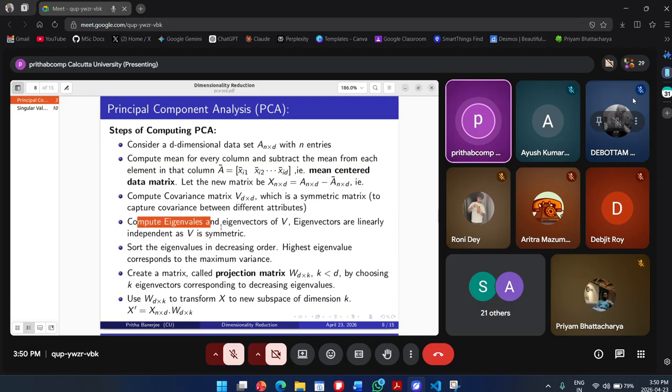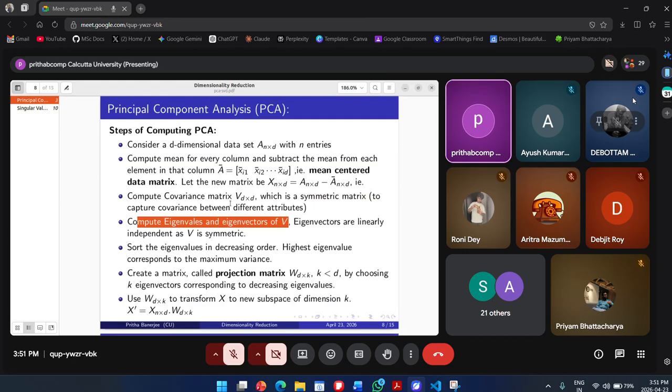Then what you do is compute eigenvalues and eigenvectors of V. This is what we saw. Why do we compute this V? Because this variance is nothing but the projection of the data points onto a line, right? And when you try to maximize that projection, it comes down to a formulation of the eigenvectors.